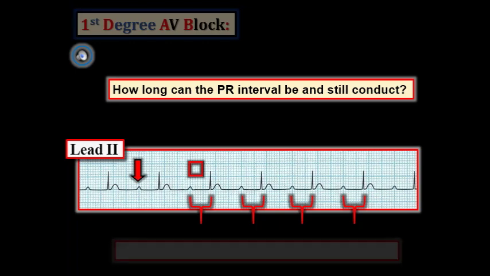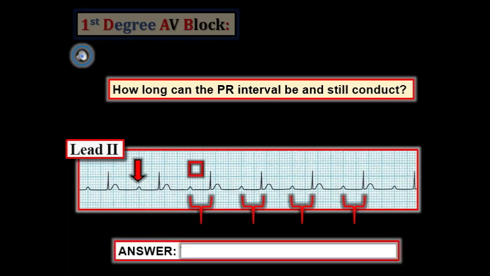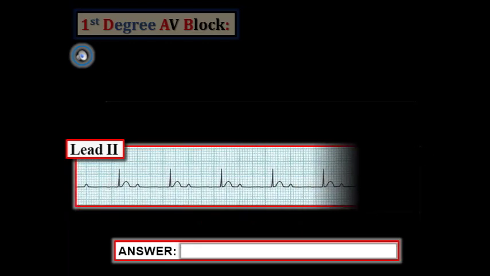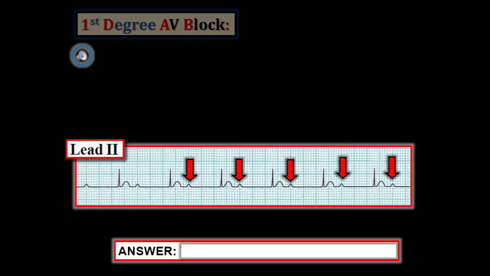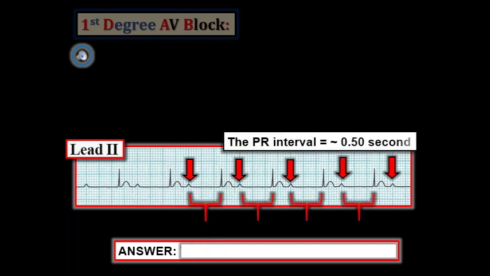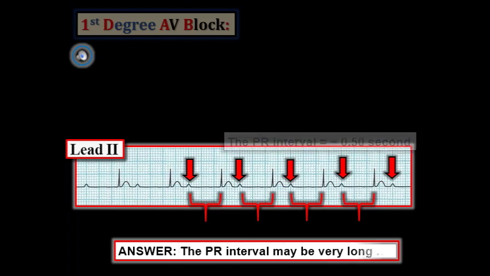The answer is suggested on this next tracing, in which the PR interval is very long, at least 0.50 second, yet it still conducts to the ventricles. There are cases on record in which a PR interval of 1 second or even longer has still been shown to conduct to the ventricles.